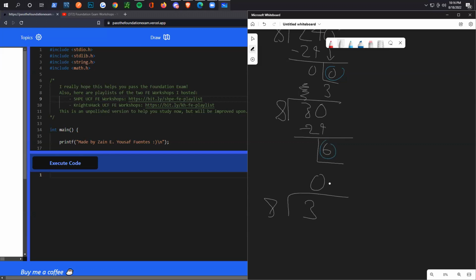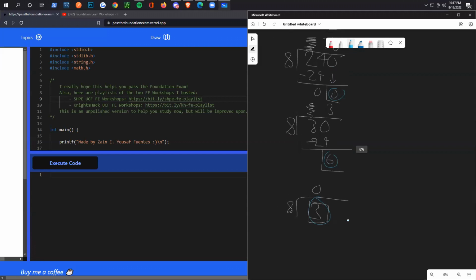Whenever something goes in 0 times, this itself is going to be your remainder. The whole idea is kind of like mod. It just doesn't go in, so you just stay with that value. So that would be your remainder right here.